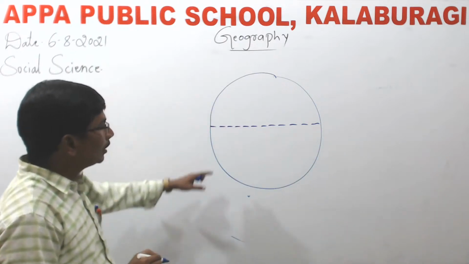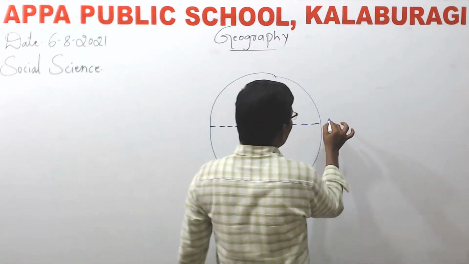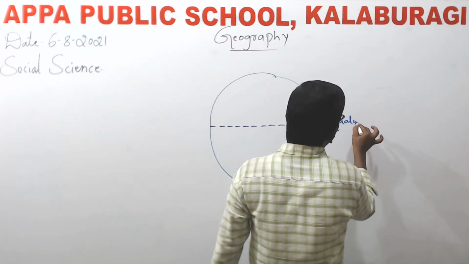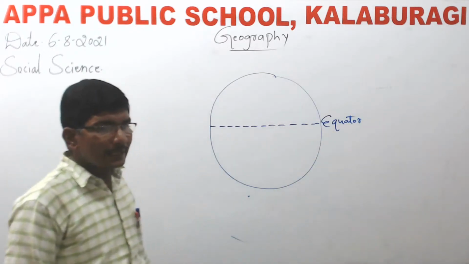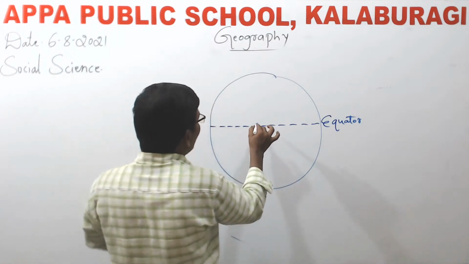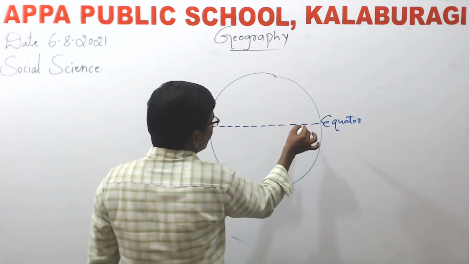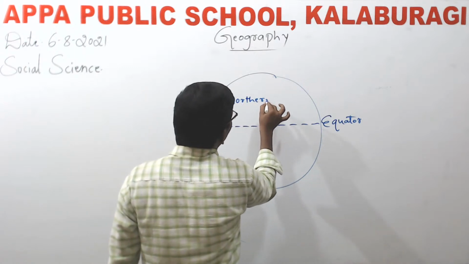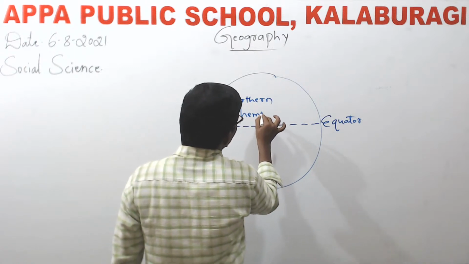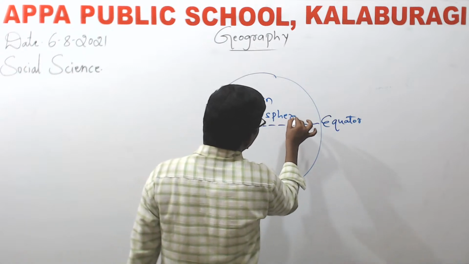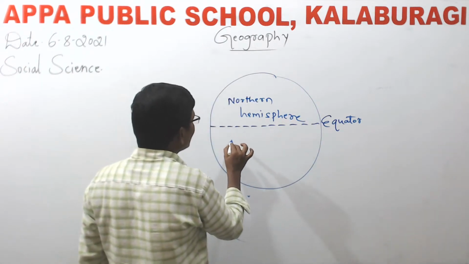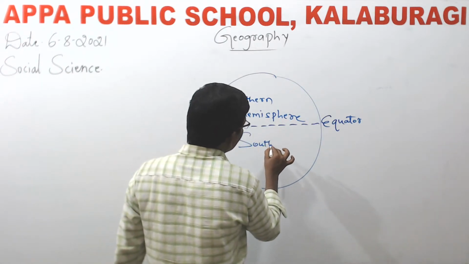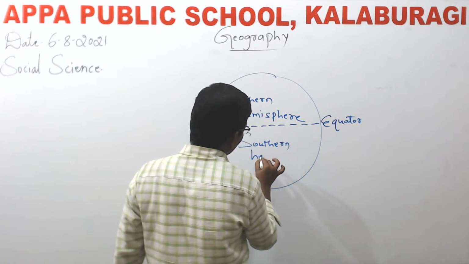This line is called equator. One more time I am telling you, because these are the basic things. The equator is dividing the globe into two parts. This region is called the Northern Hemisphere, and this is called the Southern Hemisphere.